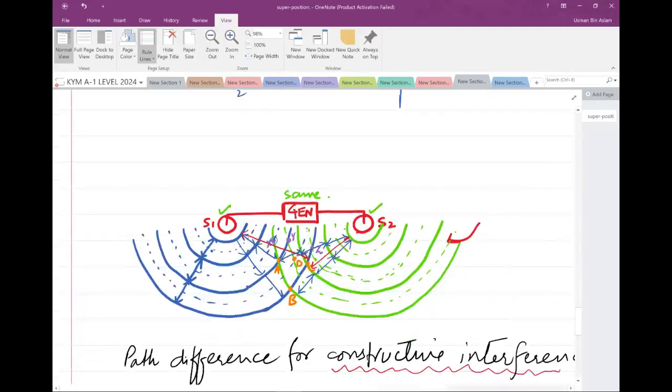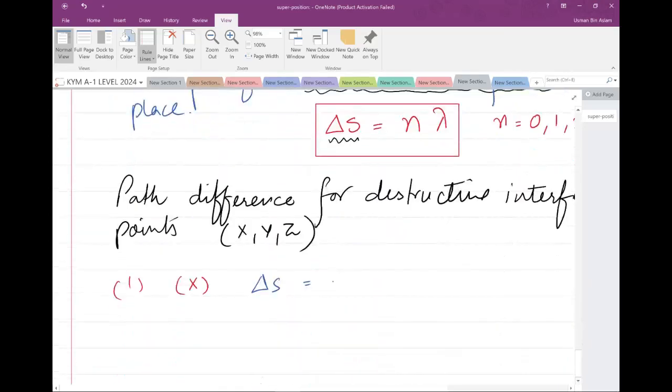So I can write S2X minus S1X as 3 lambda minus 1.5 lambda. The path difference comes out to be 1.5 wavelengths. That means if the path difference is 0.5, 1.5, 2.5, 3.5 or 4.5 times the wavelength, there's going to be destructive interference.